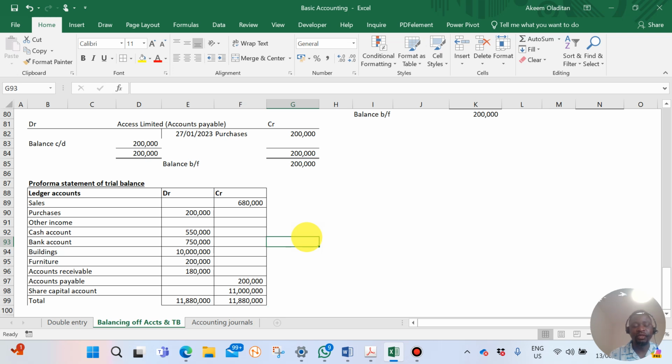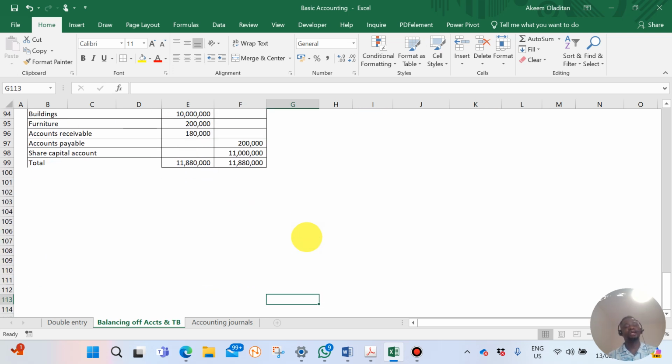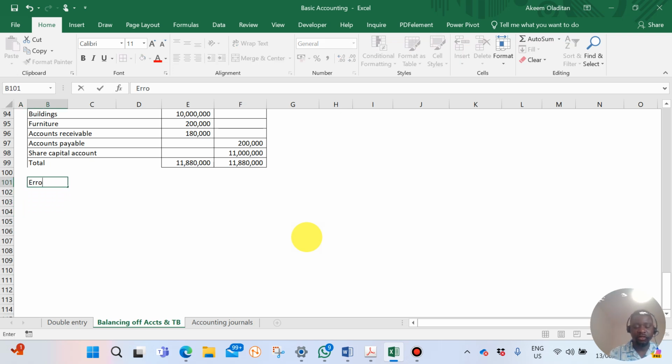If there's a problem, then it might be one of these errors that may occur. Number one, maybe a transposition error. Number two, maybe an error of omission.